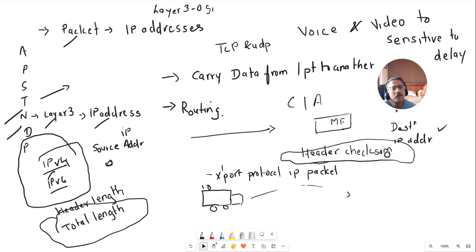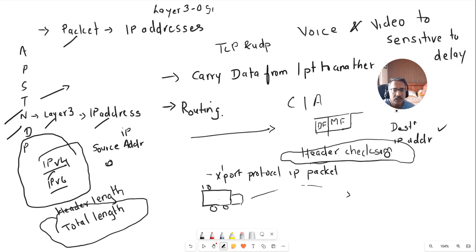There is no way you can break it into pieces. You cannot fragment it, right? So there is also a flag in the IP header. If the application demands that the data should not be fragmented, there is a flag called don't fragment. Now you understood what don't fragment and more fragments are.